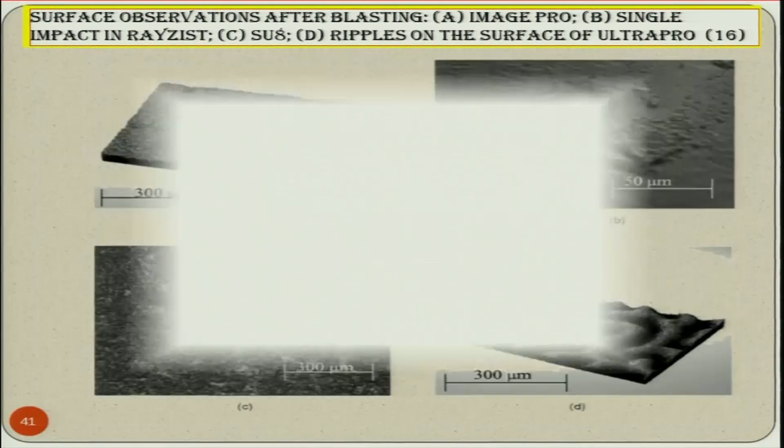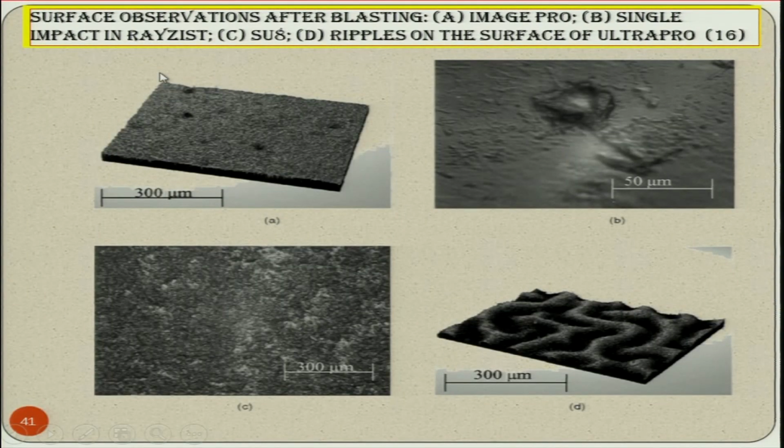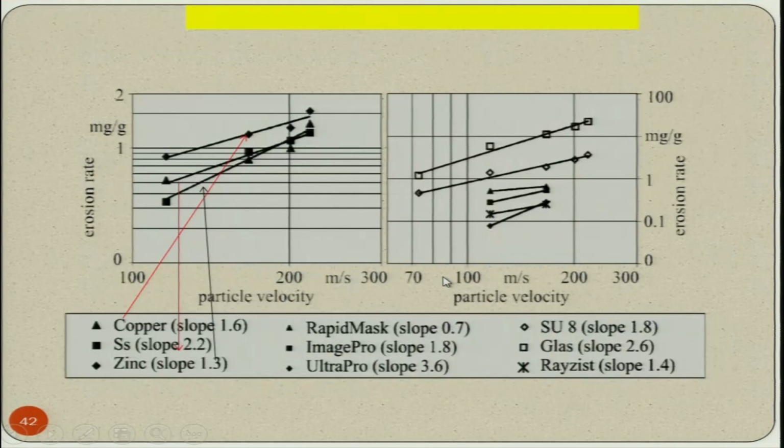Now, surface observations after blasting: Image Pro, single impact in resist, different materials are there, Pro material resist is there, SU8 is there, and ripple surface on Ultra Pro. Now, you can see here the kind of cavities that are being formed on different materials, you can see over here and over here. So, for all the four cases, different kinds of features have been created by using the abrasive jet micromachining process.